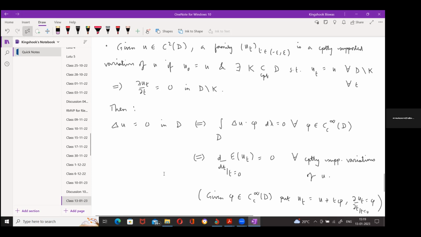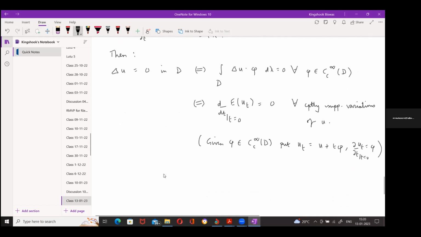Okay, so harmonic functions you can think of as critical points of the energy functional.